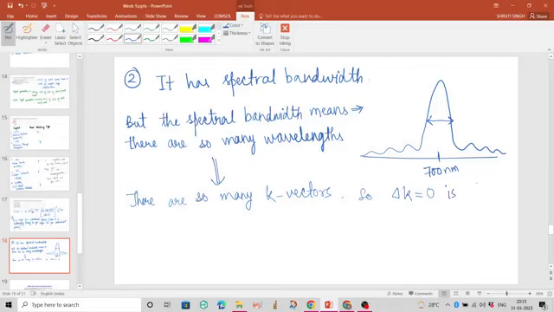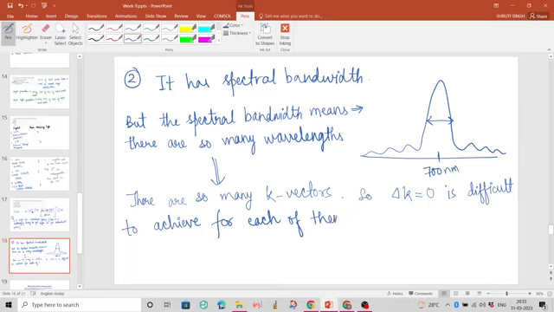Delta k equals to 0 is difficult to achieve for the entire band.